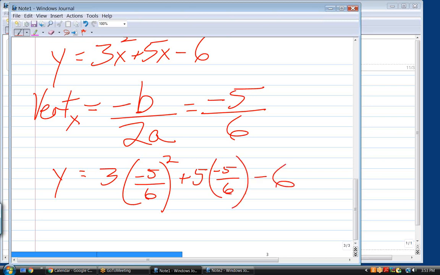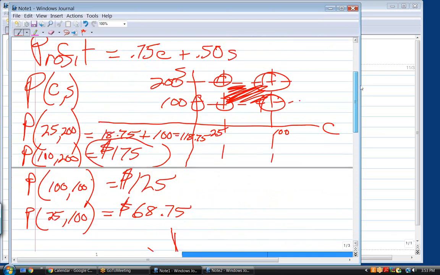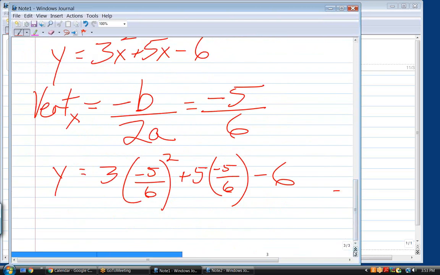Whatever that number is, it's the bottom end of the range. In other words, I know it's a parabola. The range is going to be from there to positive infinity with a bracket on the lower number, because it can be that number.